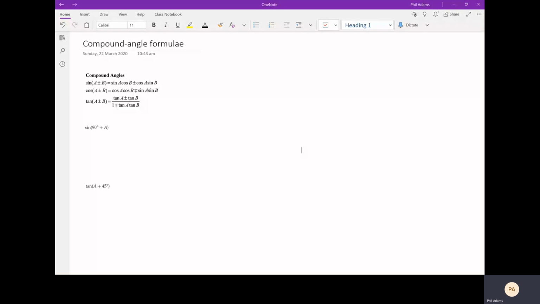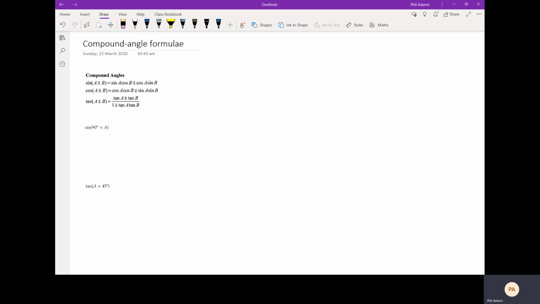Okay, so in this video we're just going to look at compound angle formulae. Now on your formula sheet that you're given in the exam, you'll see these three rules right here. And what they really mean is that we can change an angle sum into two products.